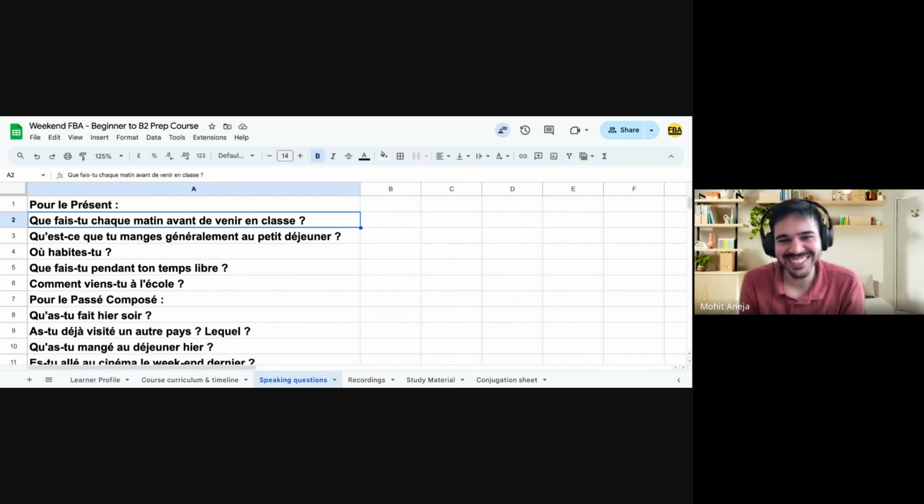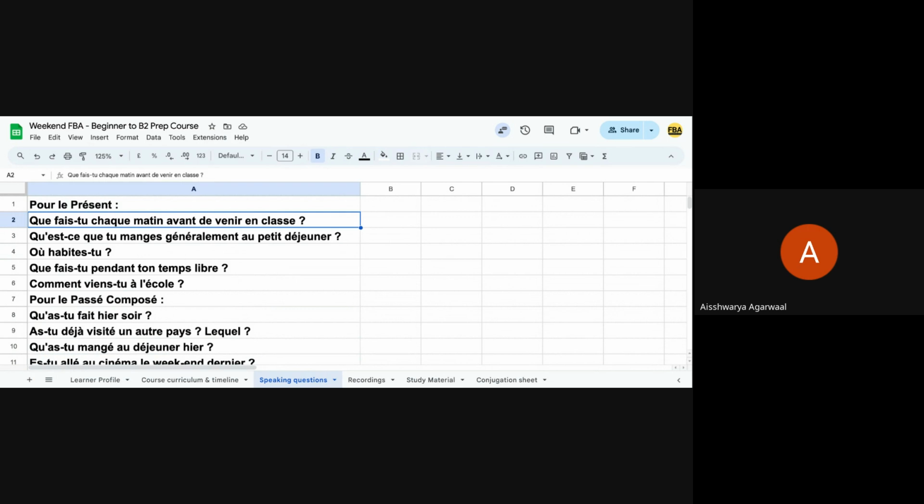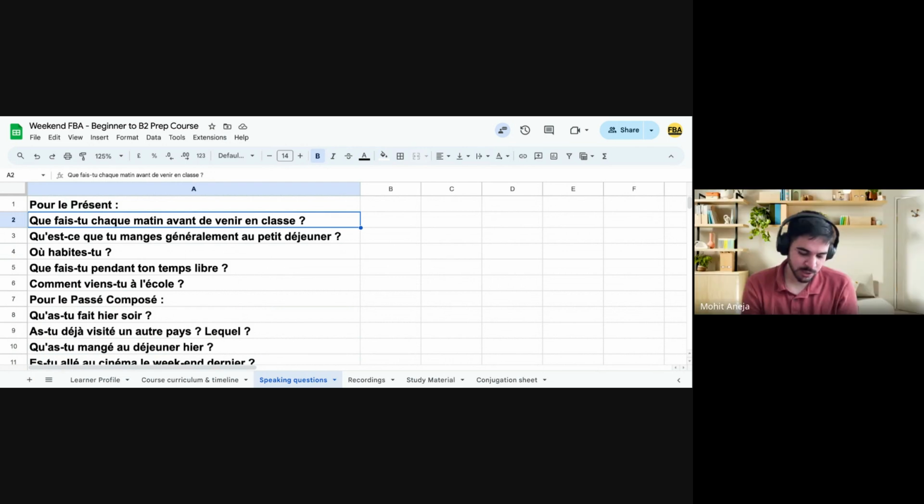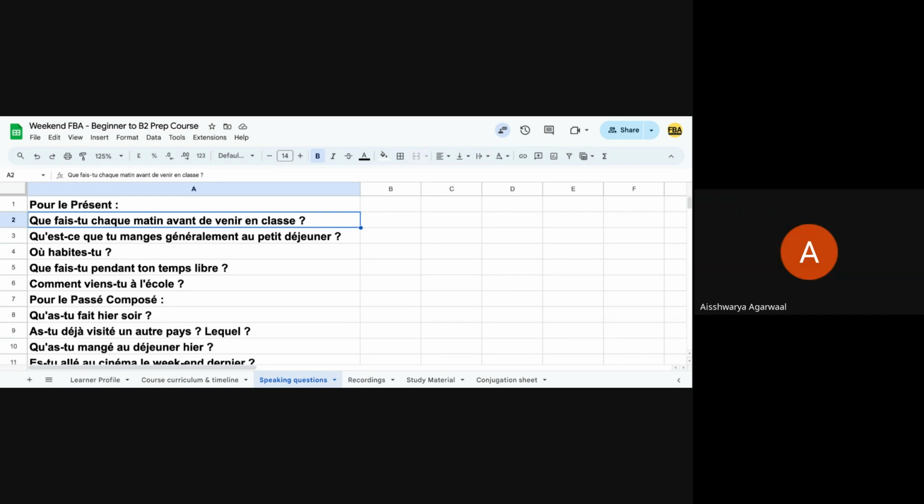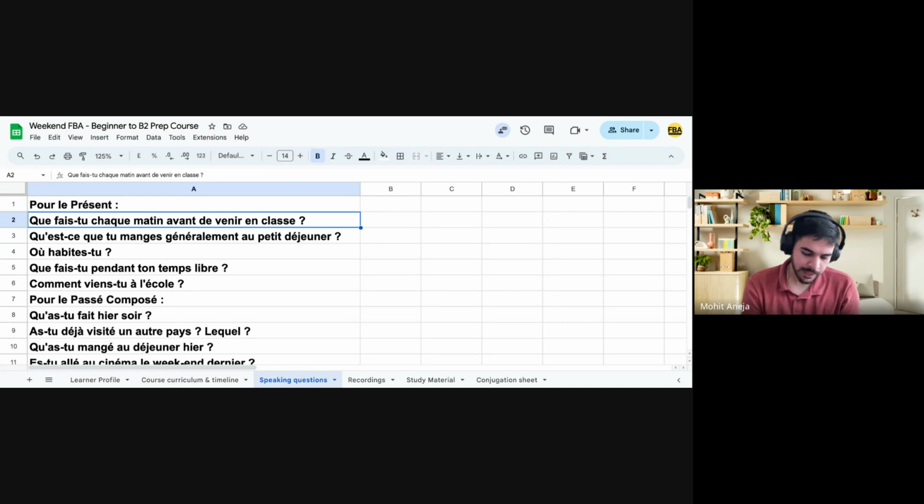Okay. I have a question here. So this should be in present tense or what? Did you used to do this in the past? Did this once in the past, or do you do this as a habitual action in the past and now? So this question is tu fais, so this is present tense. Habitual action has to be of the past for it to be imperfect.